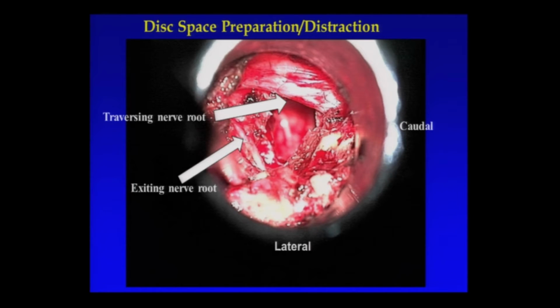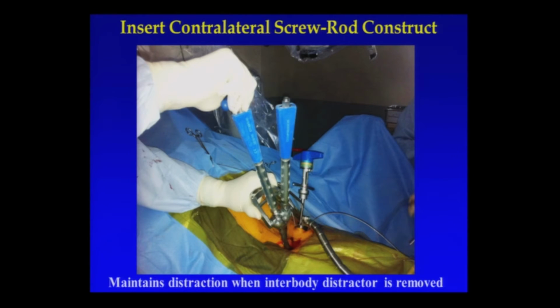And then working in that disc, doing your typical interbody preparation, distracting your interbody space. And because we've got so little room there, you'll see in this slide the distractor is in through the tubular retractor over on the right side of the patient.